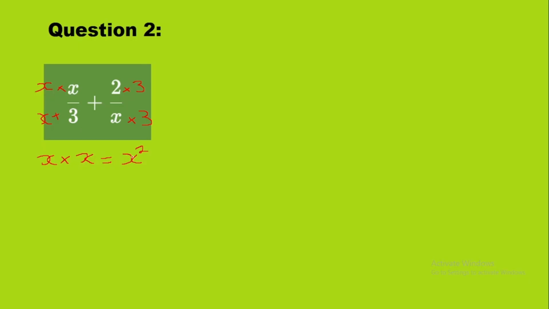It means that it should be raised to the power of 2. When something is raised to the power of 2, it means the same thing as the number or the base is multiplied by itself 2 times. So x times x is equal to x squared.